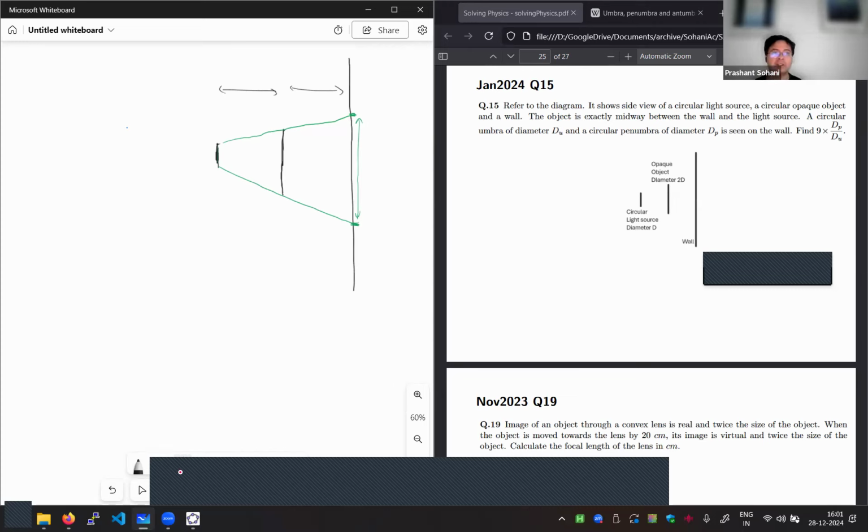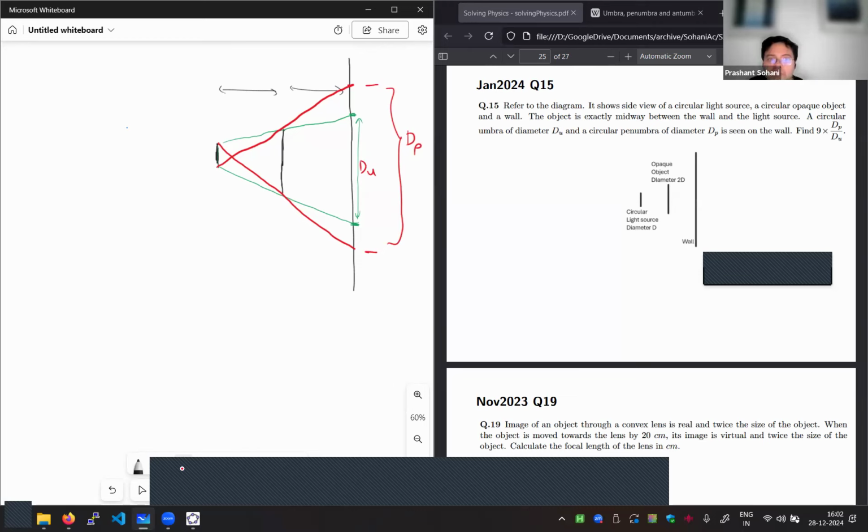So penumbra will be traced like this. I start from the top of my light source, and join the bottom of my object, and then do it the same way in the other direction, so this is the diameter of the penumbra. What they have said, this is the dp and this is the du, the diameter of the umbra and penumbra respectively, and we have to find the ratio of dp upon du.